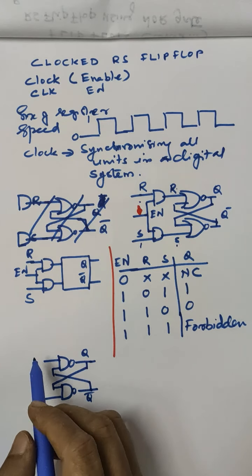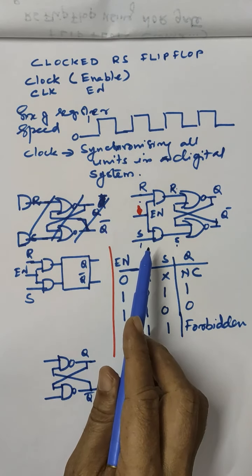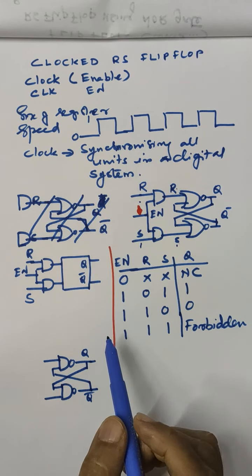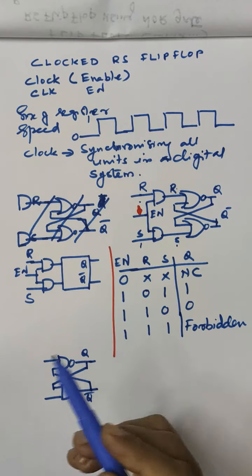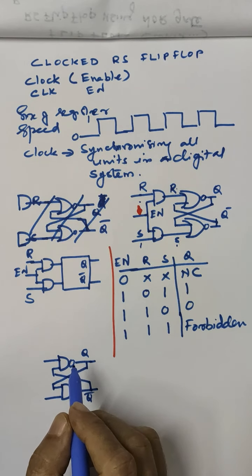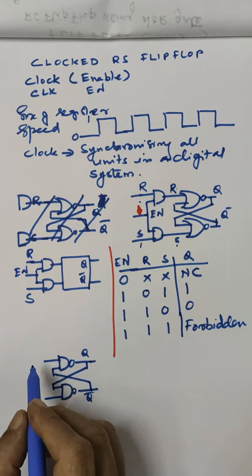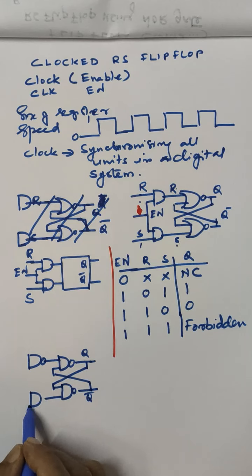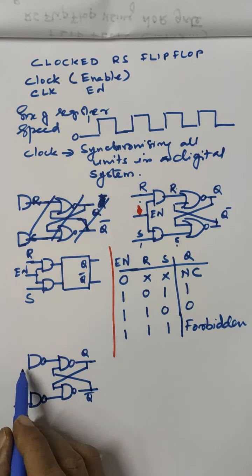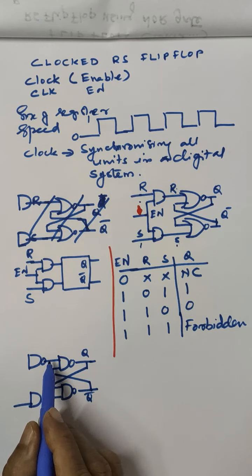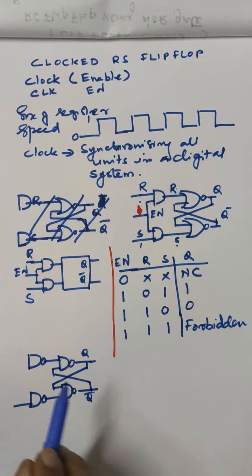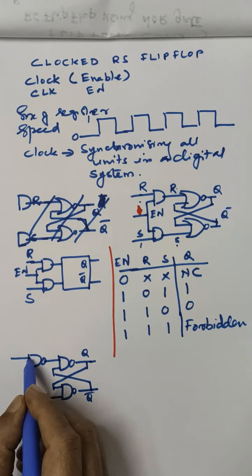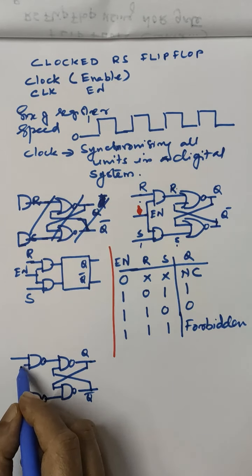And we have to use two AND gates for connecting an enable line. So combining that AND and NOT gate, we can replace this AND and NOT gate by a NAND gate. So we can use two NAND gates. So the AND plus the NOT, which is used for inverting the input to make it an RS flip-flop instead of an R bar, S bar flip-flop. You can see the previous diagram.